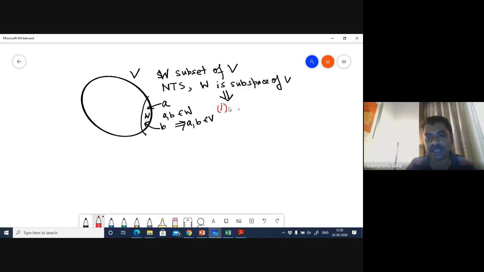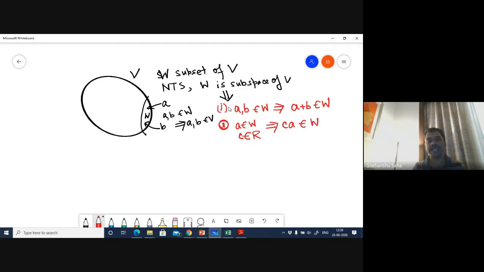Number 1: A, B in W. Does it imply that A plus B is also in W? Number 2: A in W, and you choose a scalar from the set of real numbers. Does it imply that the scalar times A is in W? If these two properties are satisfied, then that's it.